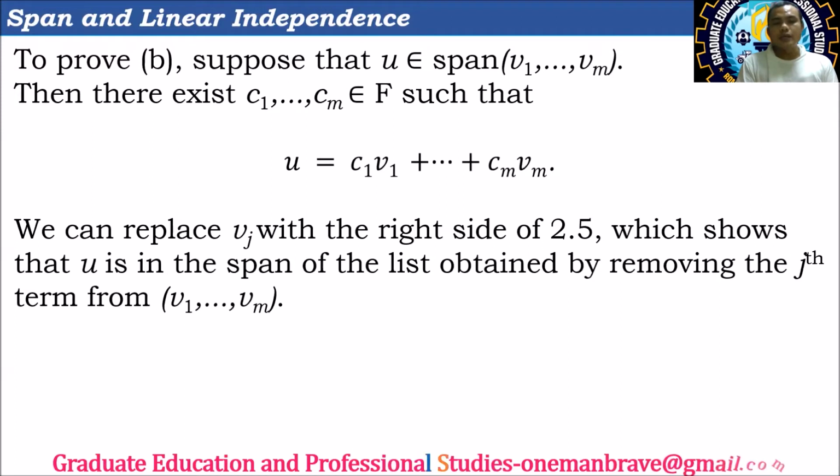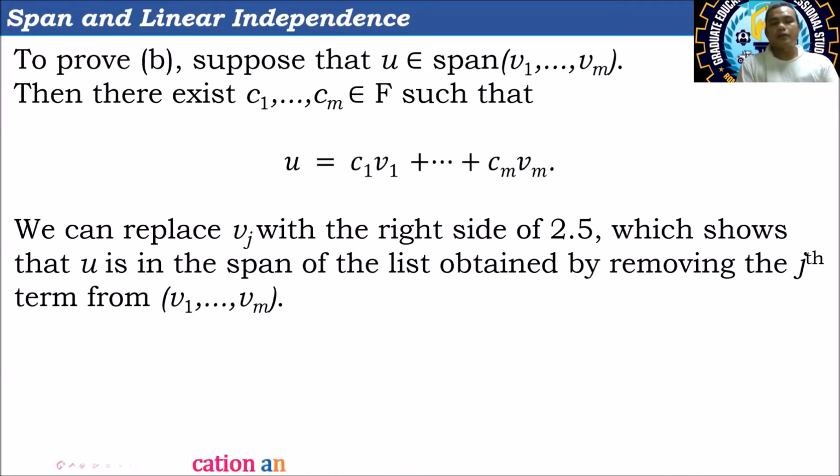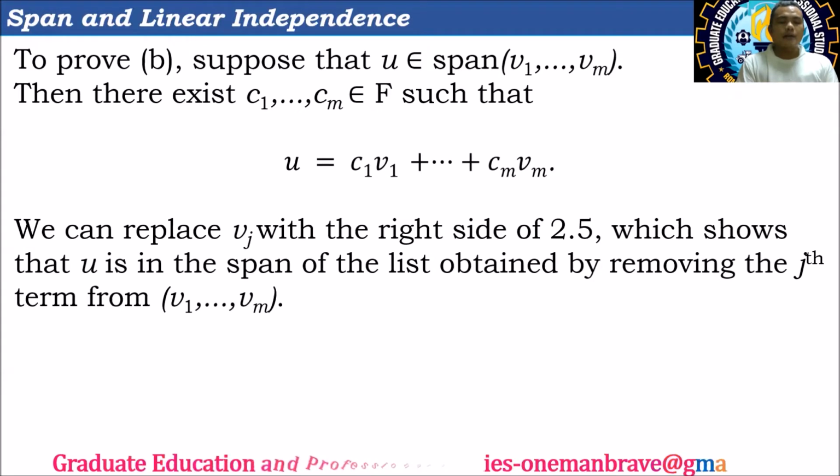Thus, B also holds, the second part of the lemma, which tells that if the jth term is removed from the vectors, the span of the remaining list is equal to the span of the vectors.